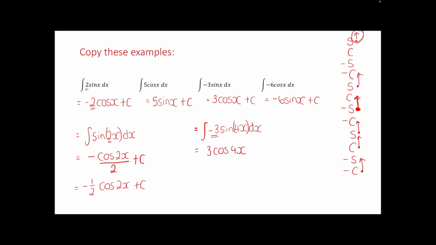The 4 also has to stay where it is to start off with, but then we have to deal with the 4. So remember, because we're integrating, we now need to differentiate the bracket and divide by that. So differentiate 4x, we get 4. So we're dividing by 4 and we're adding on our constant of integration. And again, just to make it look slightly neater, I'm just going to write it as 3/4 of cos 4x plus c.